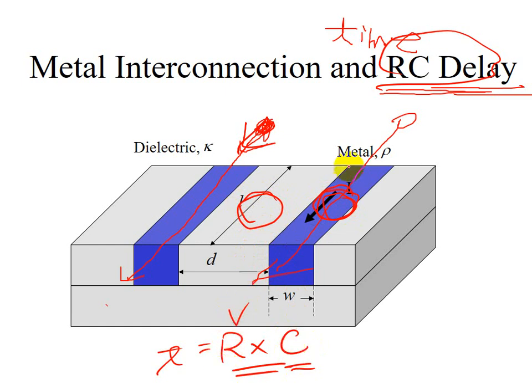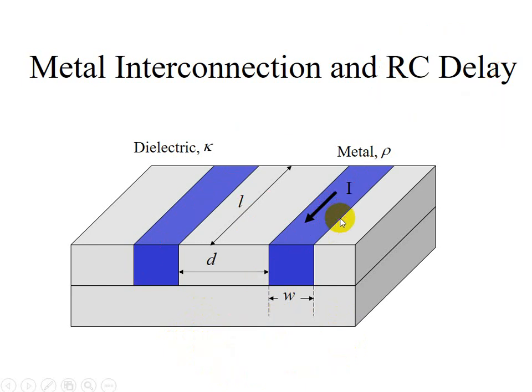So if you try to have a fast operation of ICs, sending out signals at higher speed, higher frequency, then you need to have the time delay R times C as small as possible. So right now, the time delay equals R times C. What can you do to reduce T?